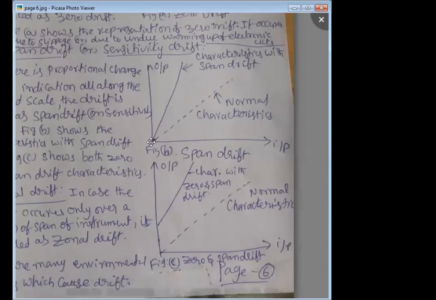In this case, the characteristics start with zero, but do not follow the normal characteristics. It is deviating by this much amount from the normal characteristics due to span drift. So at the final value of the output, there is some variation from the normal characteristics.